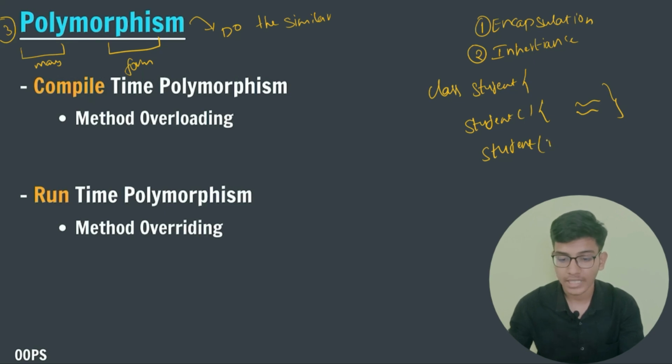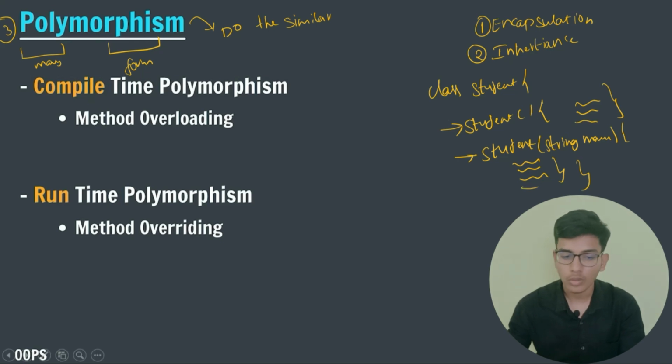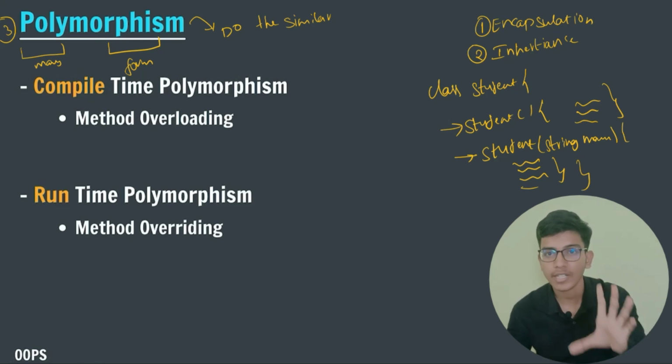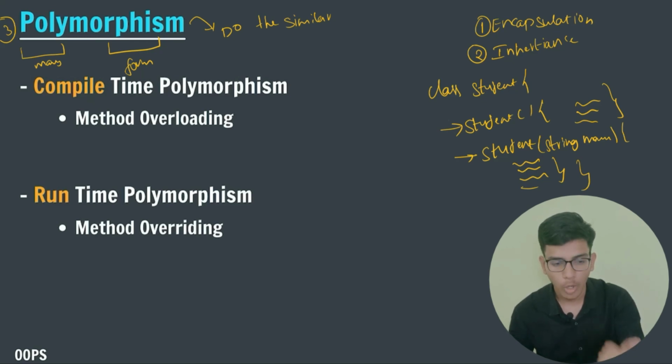Here I am passing some kind of string name, so I am passing the parameters for my students. You can see that the name of the constructor is the same, and here I am doing some work as well. If the names of the constructors are the same and we are doing similar work inside them, then it is known as polymorphism.